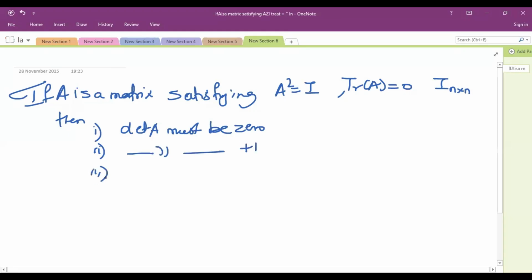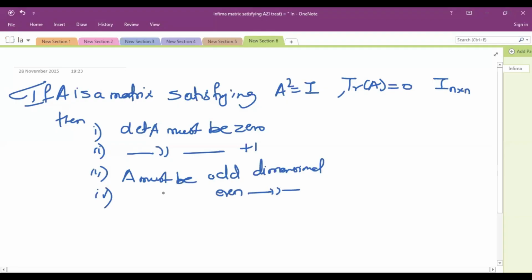The third option is the matrix must be odd dimensional, or the fourth, it must be even dimensional. So third and fourth are wrong. Okay, why is it so?